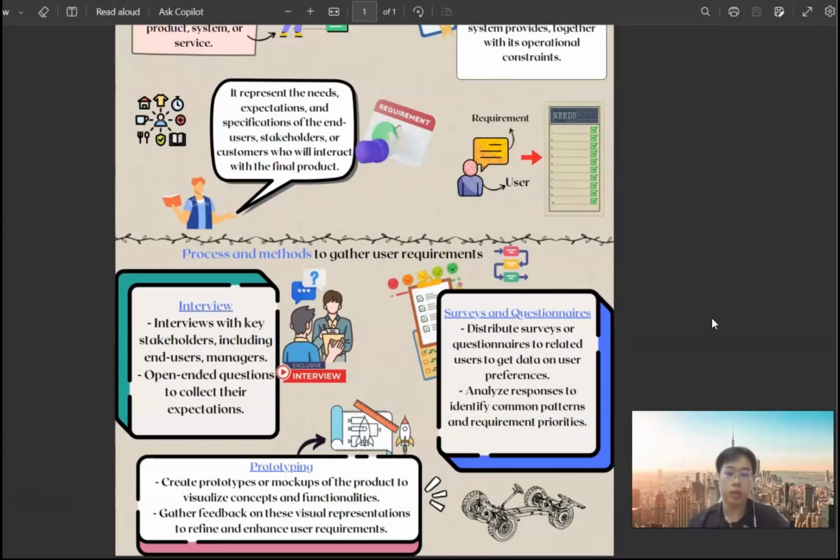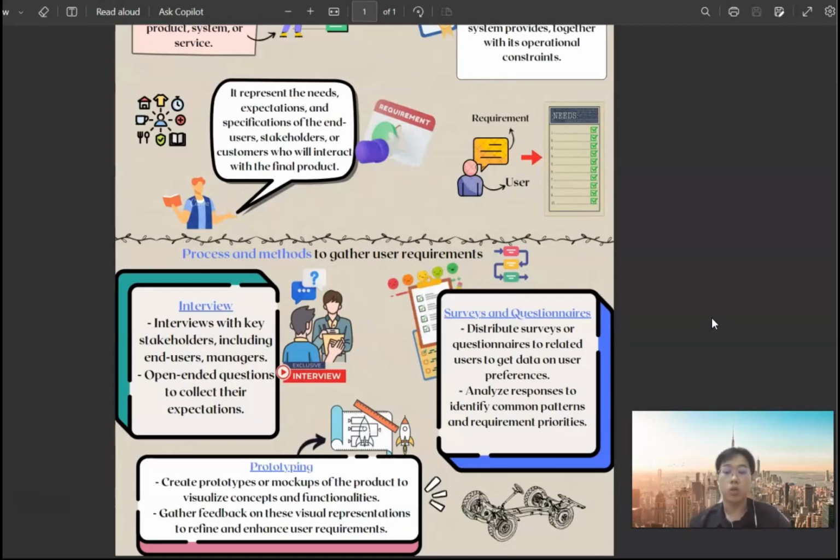A low fidelity prototype means a simple diagram of an early stage of the design concept. In this phase we only develop a basic representation of the user interaction and user interface. This can be done by using paper sketches or even digital frameworks like Pencil, Figma, and also Sketch.